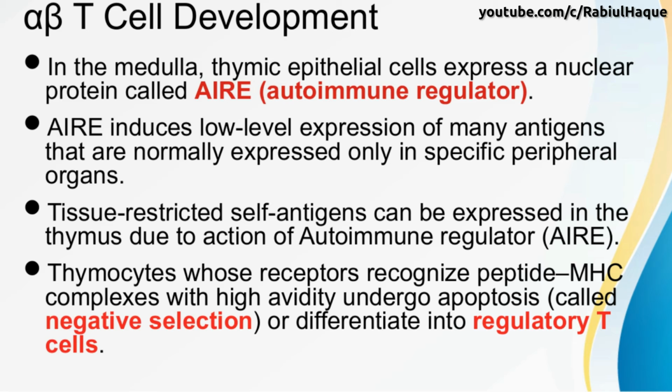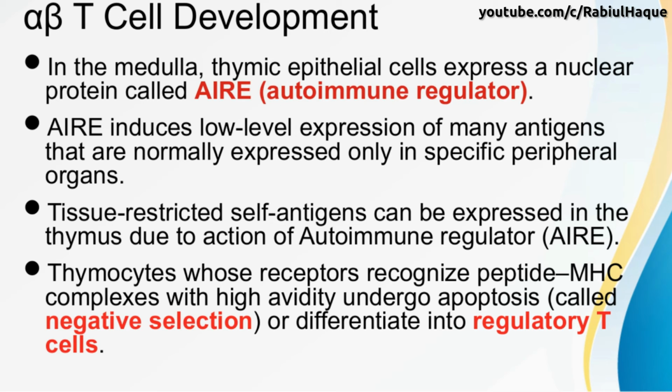Now, in the medulla, thymic epithelial cells express a nuclear protein that is called autoimmune regulator, or AIRE. This nuclear protein can induce low-level expression of many antigens that are normally expressed only in specific peripheral organs.